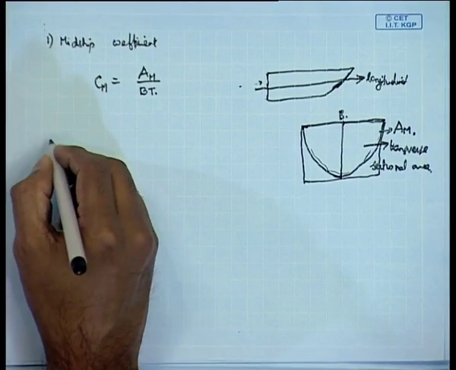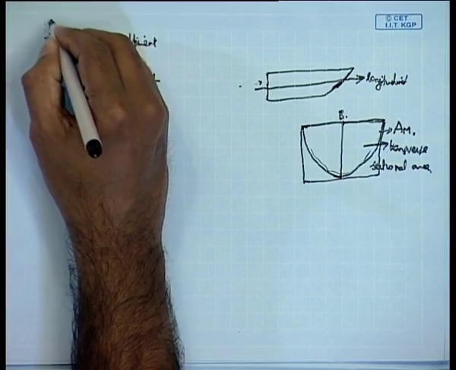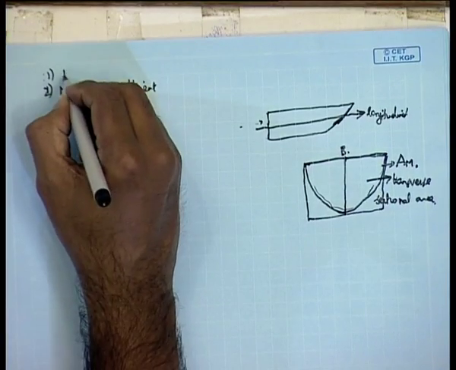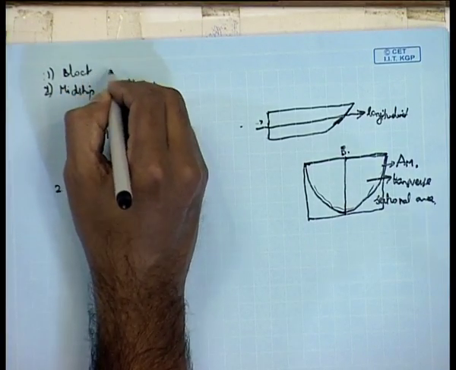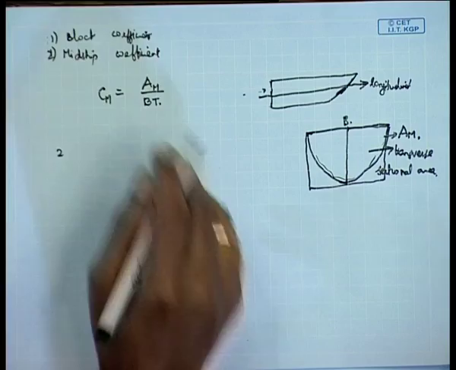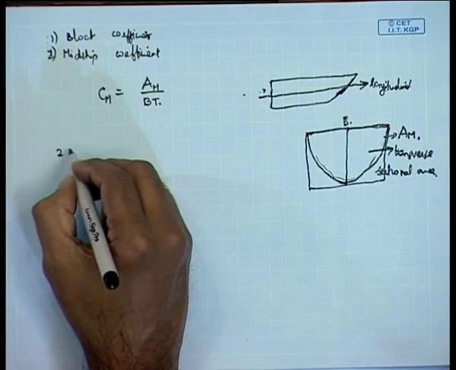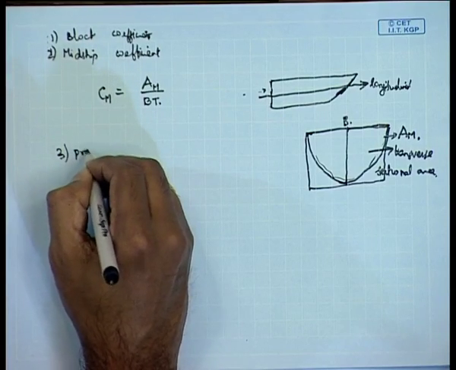Then third, we have some more coefficients. The first, of course, I already told you, is the block coefficient, and then you have the midship sectional area coefficient. Then we have something called the prismatic coefficient.